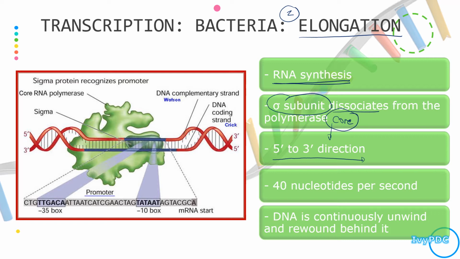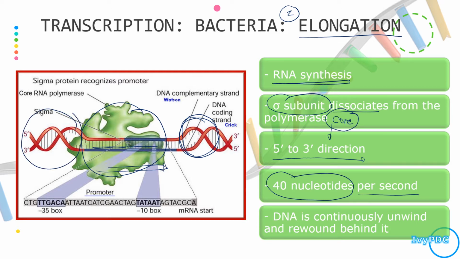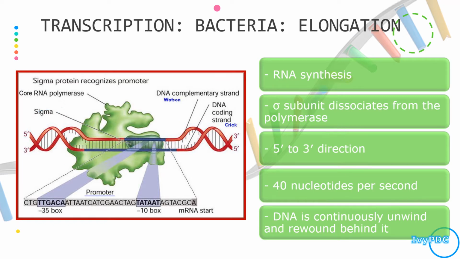An RNA polymerase may synthesize up to 40 nucleotides per second. As the RNA polymerase synthesizes, it moves forward, continuously unwinding the upstream of the DNA. As it creates the transcript and moves forward, the DNA part that it leaves behind is also continuously rewound.